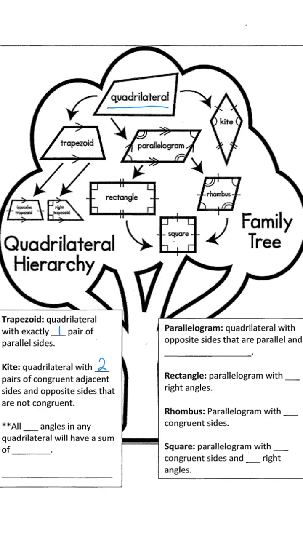But going down from the quadrilateral, we have a parallelogram. A parallelogram is a quadrilateral with opposite sides that are parallel and they are congruent. That is important to note.